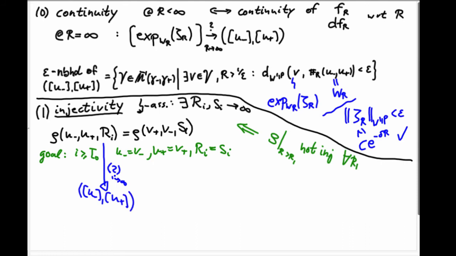And this here is going to converge, since si also goes to infinity, to the pair v minus, v plus. And since limits are unique in my topology, this means that this has to be the same. So let me say this is because the Gromov topology is Hausdorff.